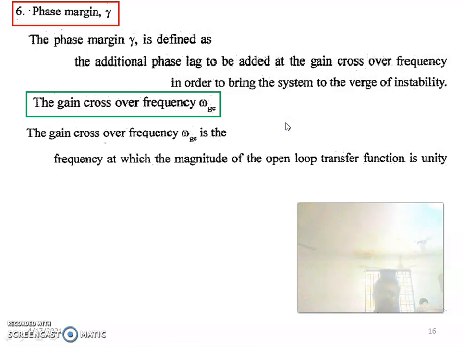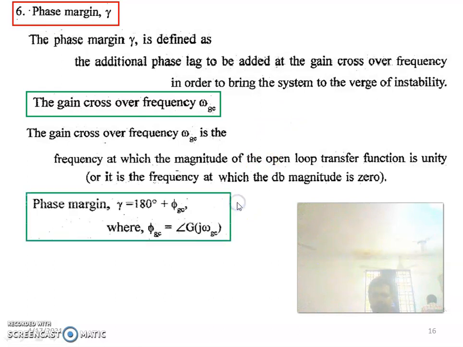What is gain crossover frequency? Gain crossover frequency is the frequency at which the magnitude of the open loop transfer function is unity. Or in other words, it is the frequency at which the dB magnitude is 0. So phase margin is nothing but 180 degree plus phi GC.